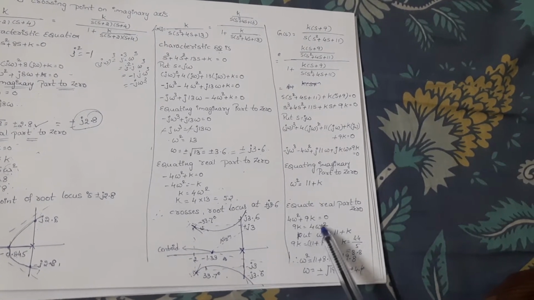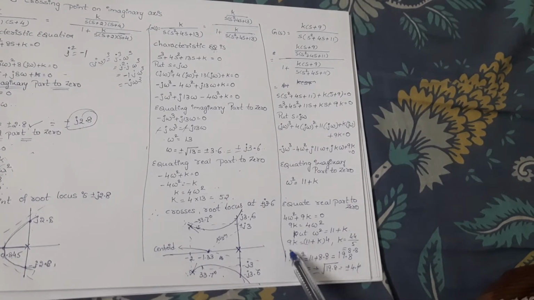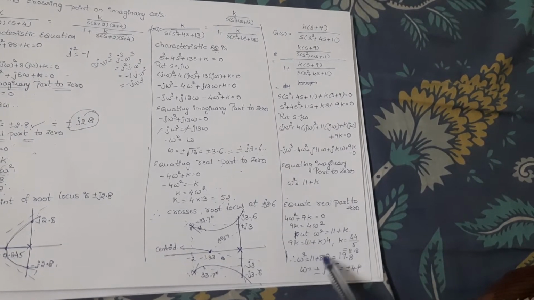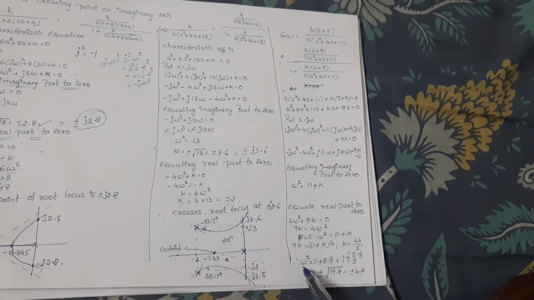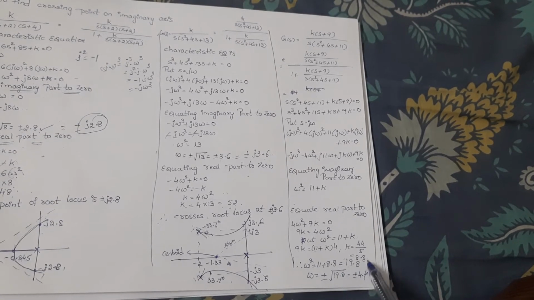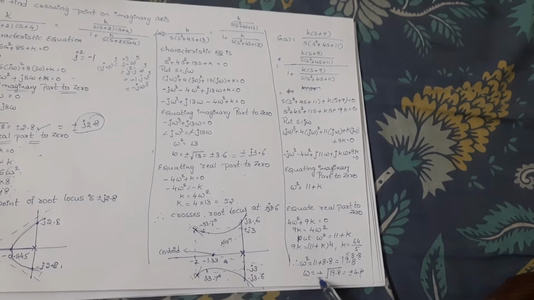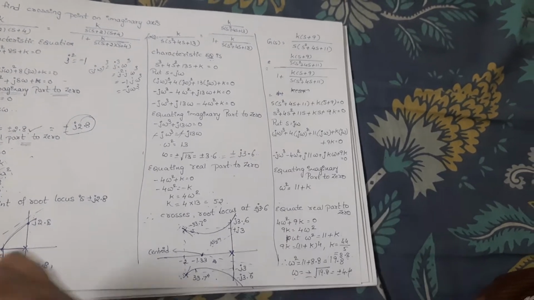In this equation you substitute omega square equals 11 plus k. So you get 9k equals (11 plus k) into 4. K equals 44 by 5, which is 8.8. Now you can calculate omega square is 11 plus 8.8, that is 19.8. So omega equals plus or minus root of that, which becomes plus or minus 4.4.